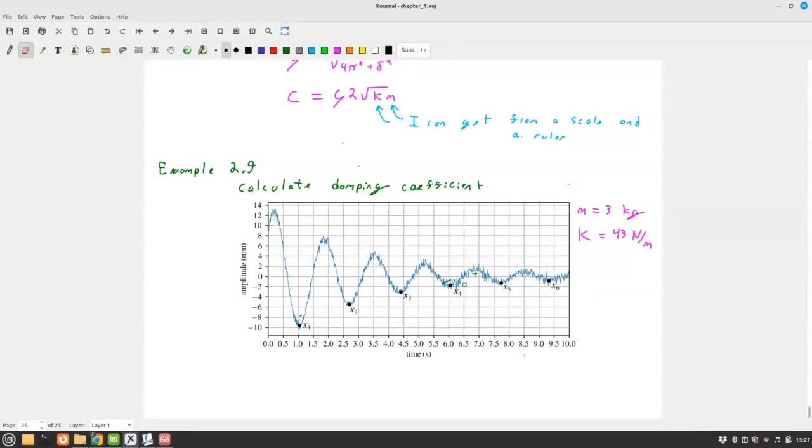All right. So the question actually tells us which points to take, because it's just a little bit easier. So we're going to take x1.